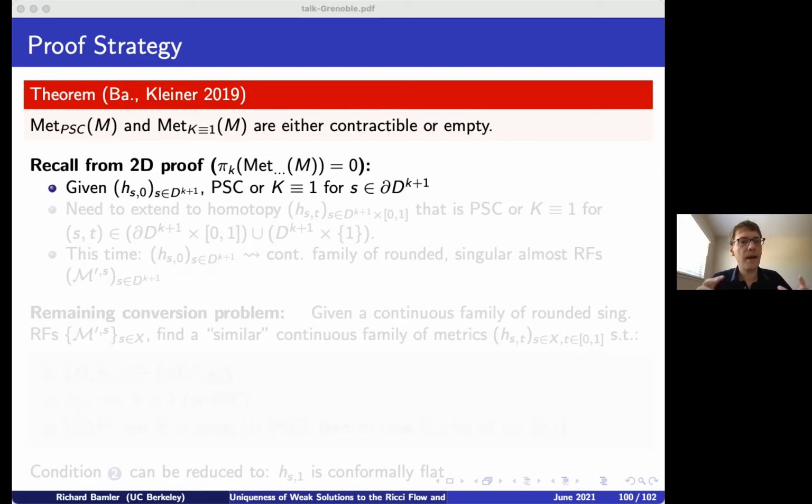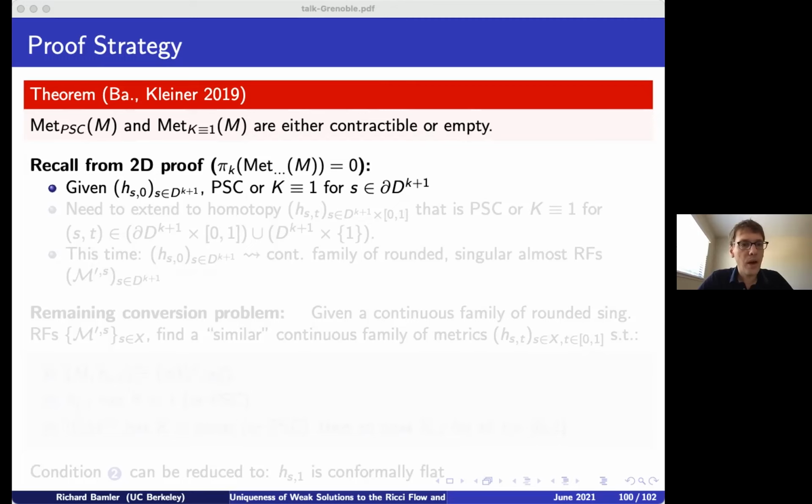Then we can extend this map to a K+1 disk, which takes values in the space of all metrics. Okay, so in the end, we obtain this map, which I'll just express as a continuous family of metrics h_{s,0}, parameterized by a K+1 disk, in such a way that for s in the boundary of this disk, these metrics are either PSC or constant curvature, depending on what we want to show.